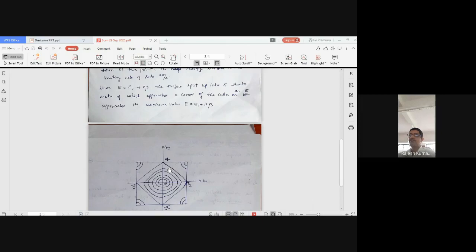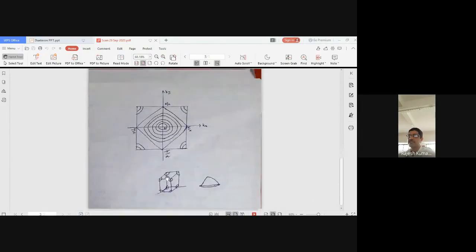Similarly, when the energy increases still further and E is equal to E1 plus 8 beta, the surface is split up into 8 sheets, each of which has the appearance of the corner of a cube. At the corner of the cube, we get something like this. It is an octant-like shape at the corner of each cube.